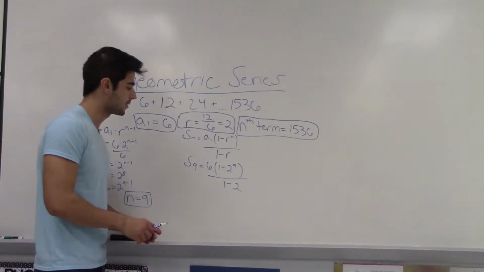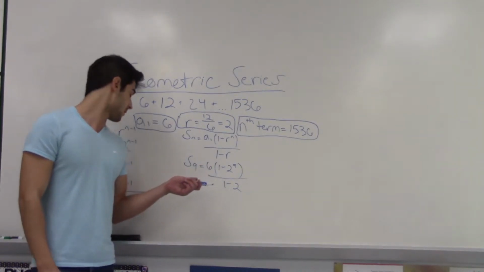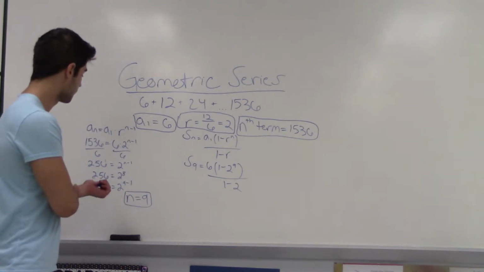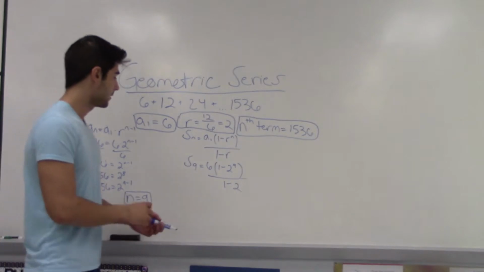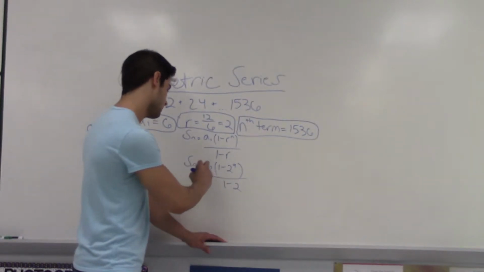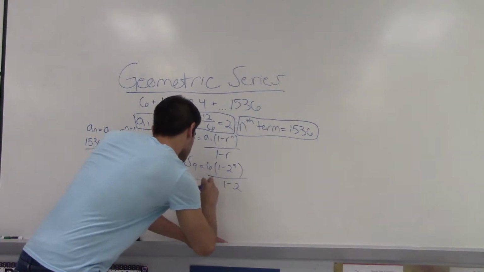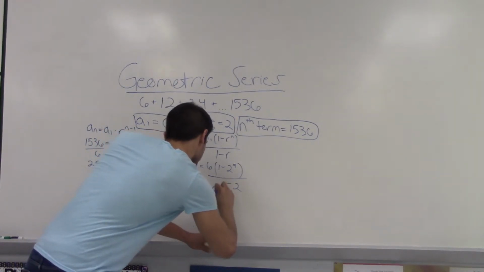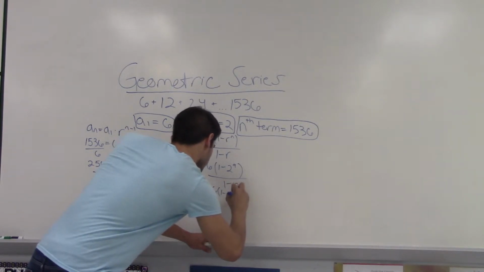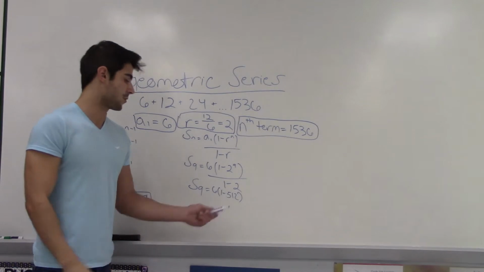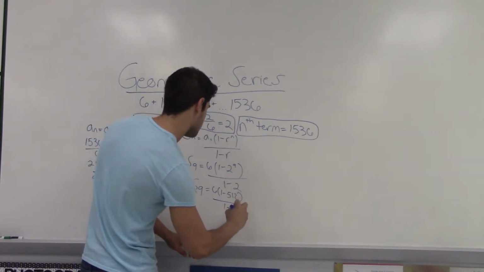So the first thing we're going to want to do here is figure out what 2 to the 9th power is. Being that we already solved and figured out 2 to the 8th power is equal to 256, that can mean that this is equal to 512. Once again, that's all over 1 minus 2.